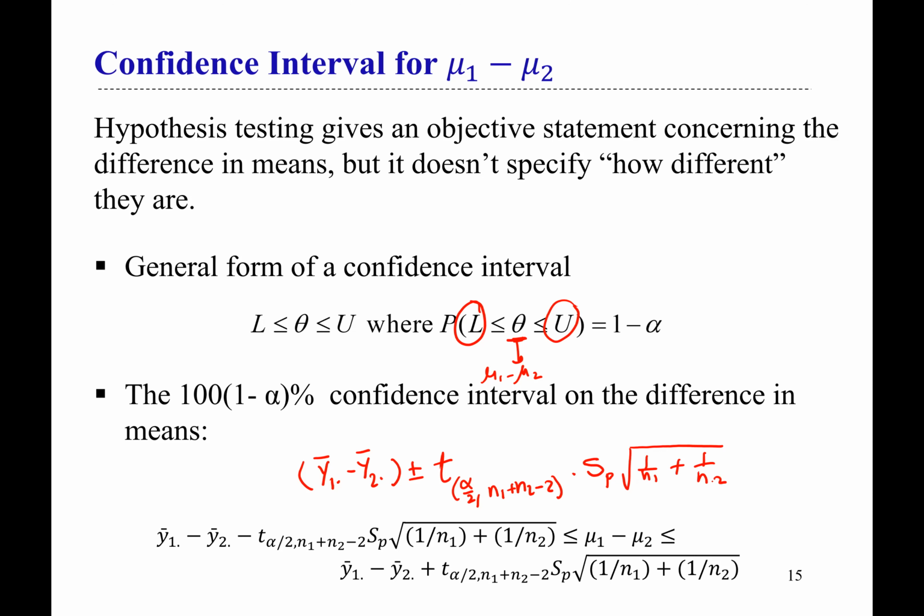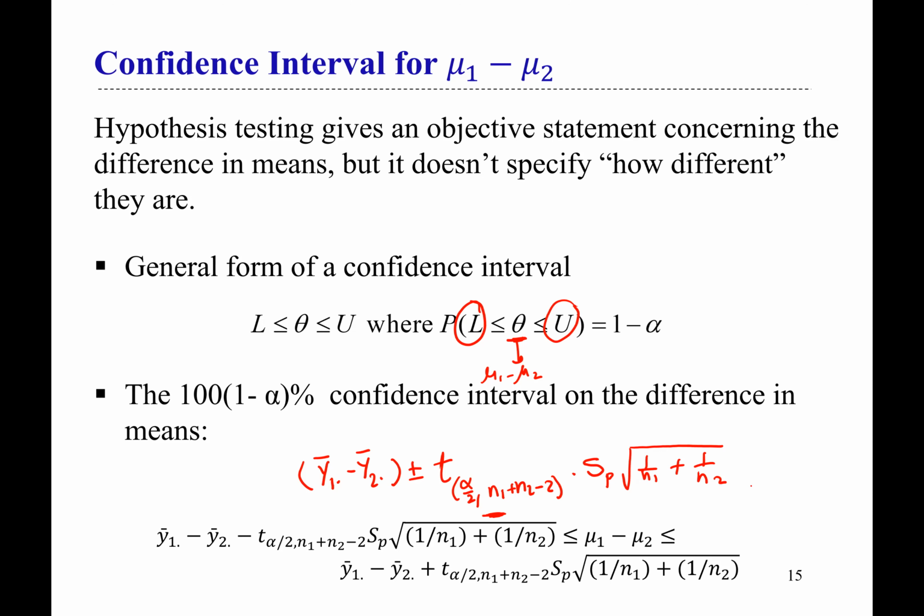Do I have all these numbers? We have all these numbers. We have n1 is 5, n2 is 6. We calculated Sp before, and we have y1 dot bar, y2 dot bar. The only thing left, or the only thing we don't know, is the t value. To find the t value, you need to find alpha over 2 and n1 plus n2 minus 2.